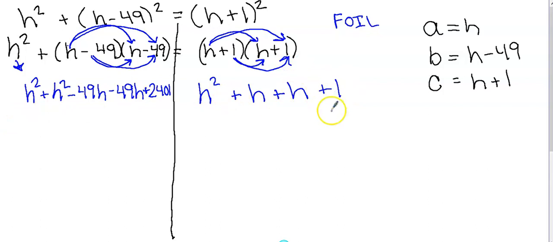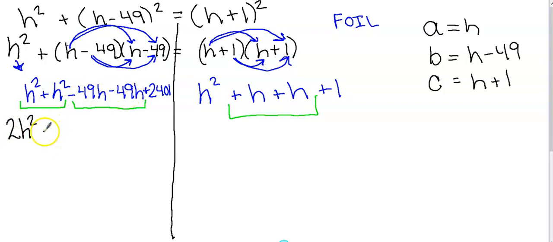Now that we have FOILed it out, very likely there will be like terms. So we look for those and combine them. We have 2H squared, negative 49H and another negative 49H.